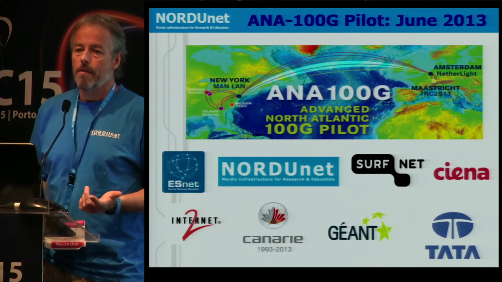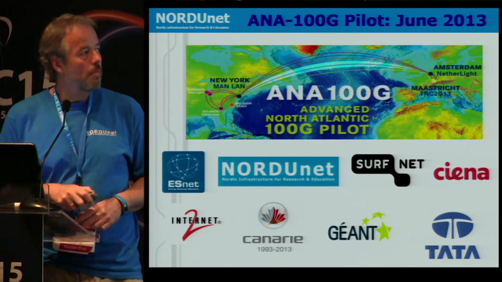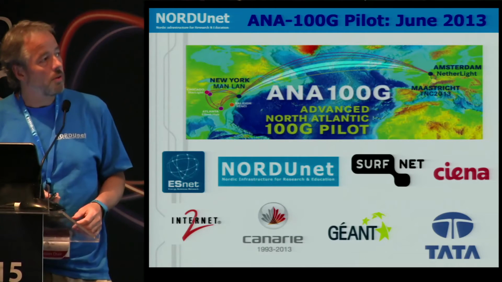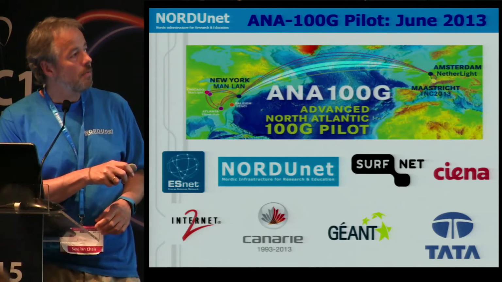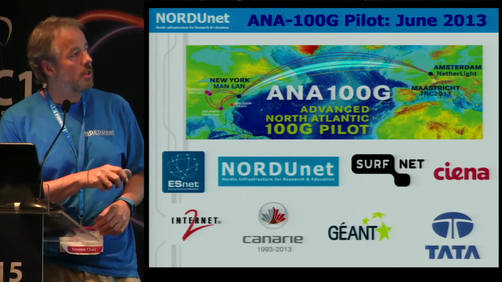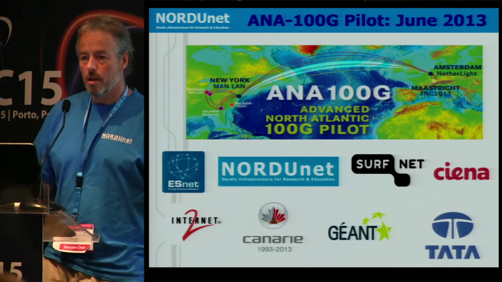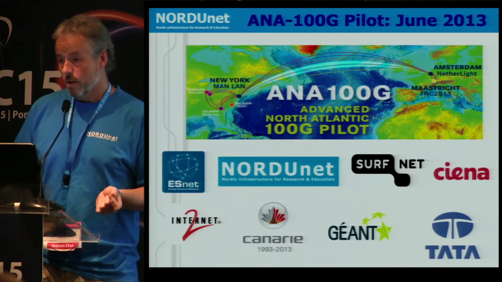So finally, as you see here, Sienna and Tata, we embarked on a project 2 years ago, and I gave a short presentation on that at the Maastricht TNC. We managed to do MAN LAN to NetherLight, so New York City to Amsterdam, a 100 gig pilot. This was a 7,000 kilometer single point of failure that we got to work in the end.